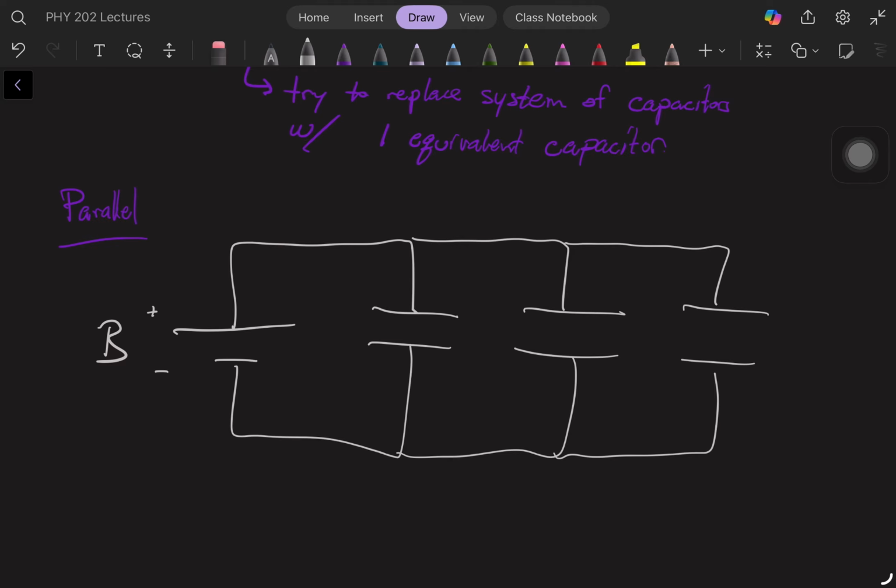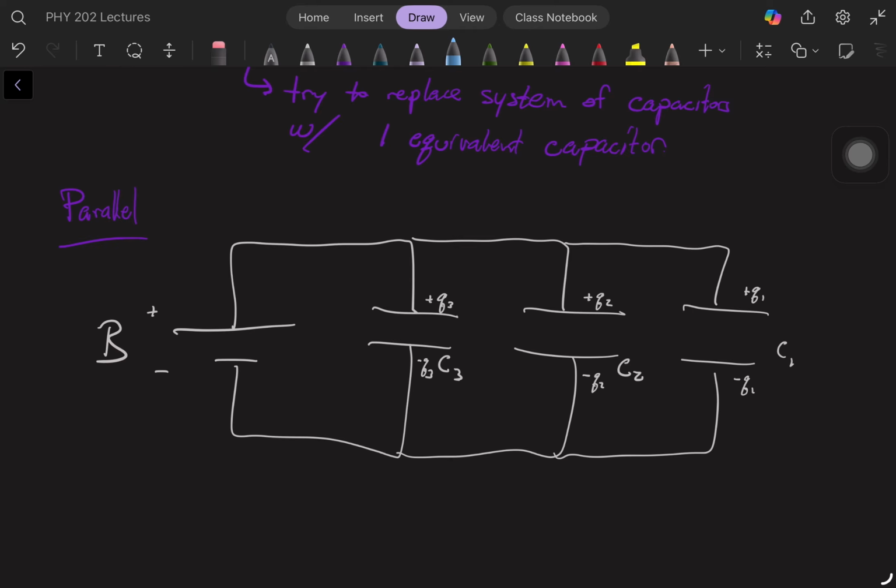And we're going to call this one C1. That's a terrible looking one. This one C2, C3. We can say we have plus Q1, negative Q1, plus Q2, negative Q2, plus Q3, negative Q3.